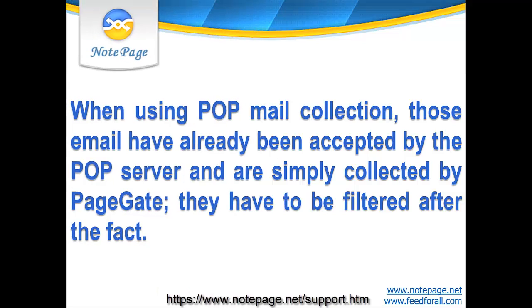However, when you use POP mail collection to receive email traffic into PageGate, those emails have already been accepted by the receiving POP server and are simply collected by PageGate. PageGate's mail server has no immediate control over those messages, so we'll have to filter them at the GetMail level instead. Effectively, GetMail filtering is post hoc, and mail service filtering is real-time.